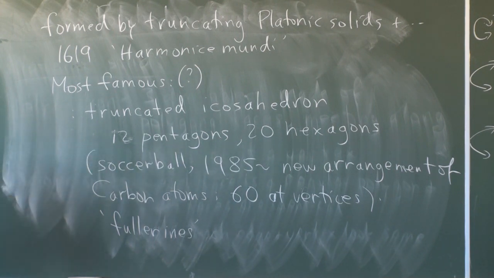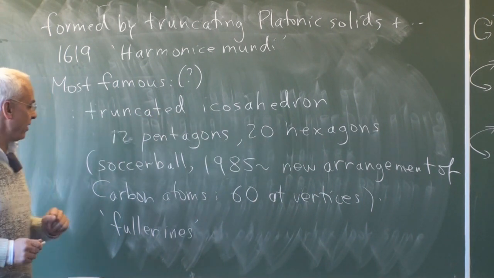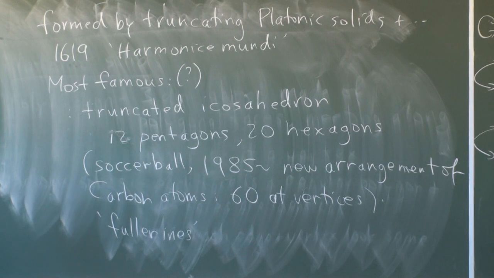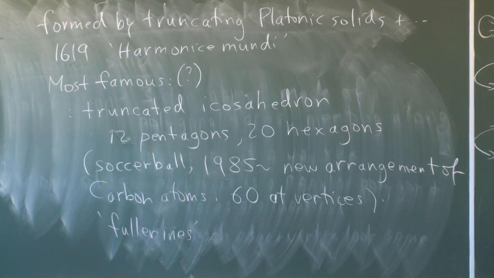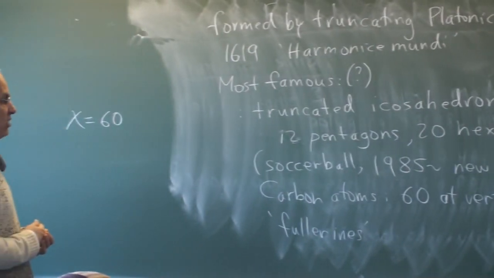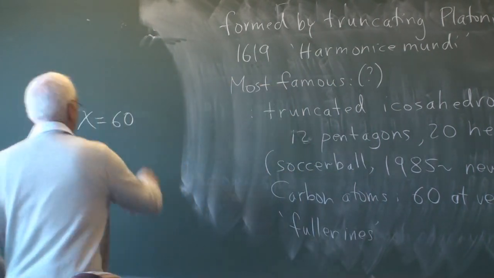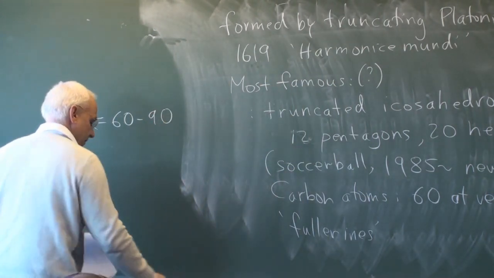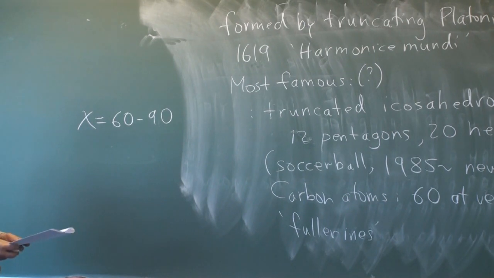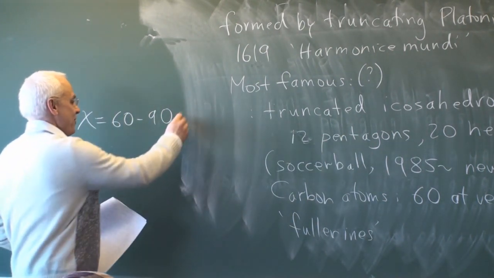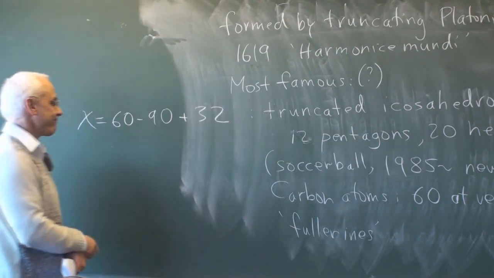Okay, so we just observe here that if we take the Euler number for this truncated icosahedron, the number of vertices we've said is 60. The number of edges turns out to be 90, yes, 90 edges, thank you. And the number of faces, well, we have to add these two together, 32.